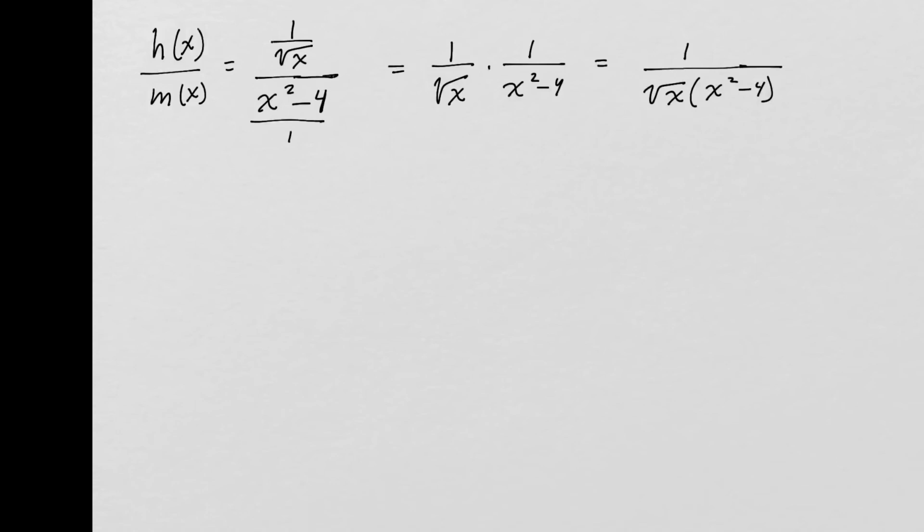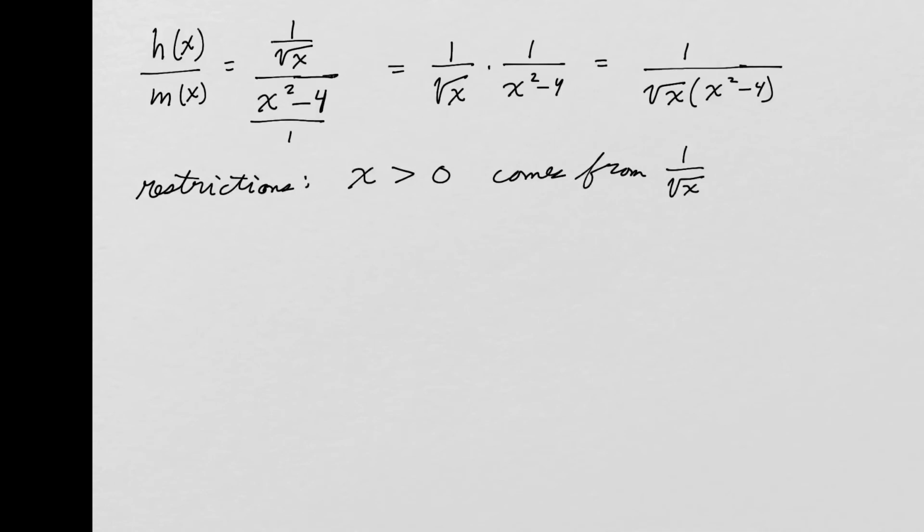Now, what is the domain? Well, there's several restrictions. Because of the square root, we know that x has to be greater than or equal to 0. And because it's in the denominator, it can't even be 0. So I know that x has to be greater than 0. That restriction comes from the 1 over square root of x.